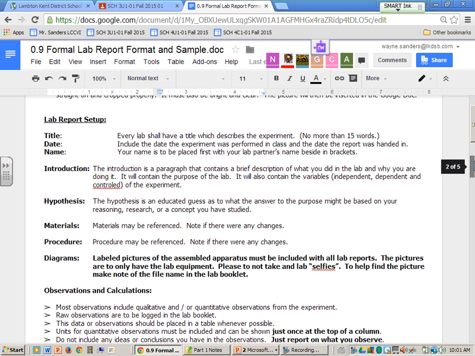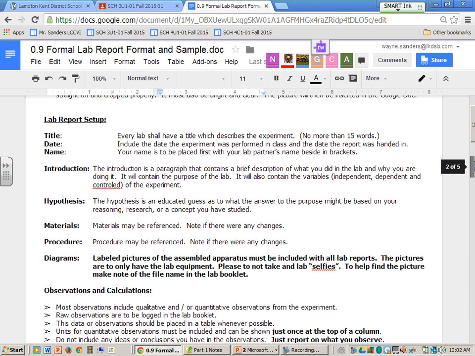Now, in this introduction, you will also put the variables. I will talk in more detail about what the variables are a little later on. In an experiment, and I'm going to do it very quickly right now, there are always 3 variables. There is the independent variable. That's the thing that we manipulate as the scientist. We do this, then we change it, and we do this.